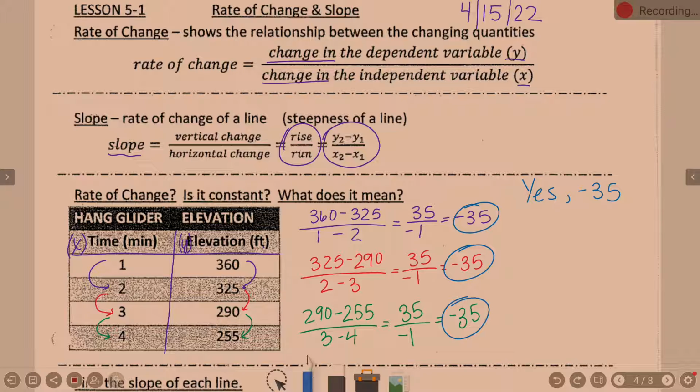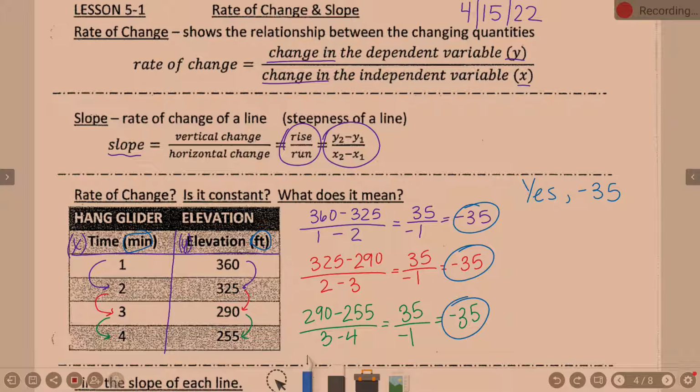We're talking about a hang glider's elevation. As you look at the elevation, it's going down. Notice all of these were negatives, but they all were 35 over 1, right? So that is 35 feet per 1 minute.